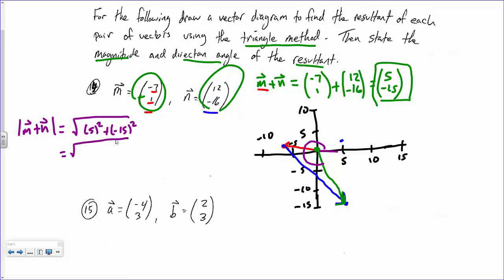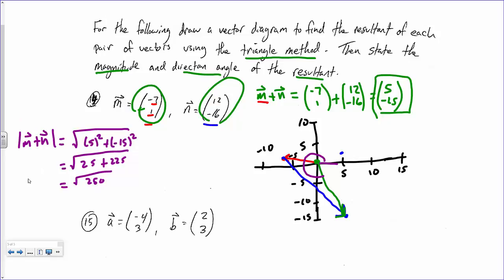This will give me the square root of 25 plus 225, so this will be the square root of 250. And that will be the magnitude. That's how long that green vector right here is. It's the square root of 250, whatever that might be.